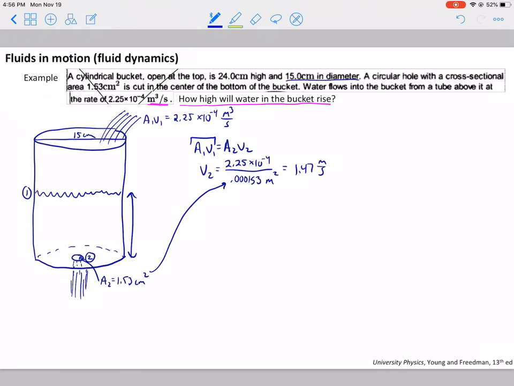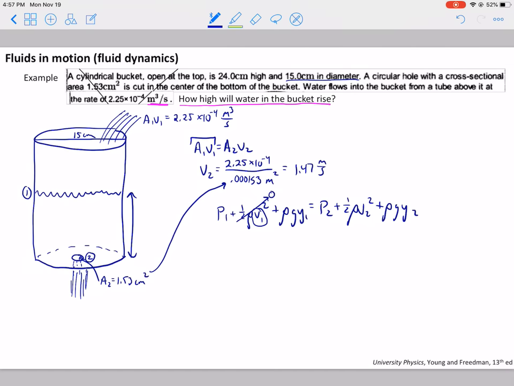Once we have that, we can use Bernoulli's equation. P1 plus 1/2 rho V1 squared plus rho g y1 equals P2 plus 1/2 rho V2 squared plus rho g y2. And there are a few different things that we can do. First of all, once it's stabilized and the water level is no longer rising, the velocity at the top is now 0.